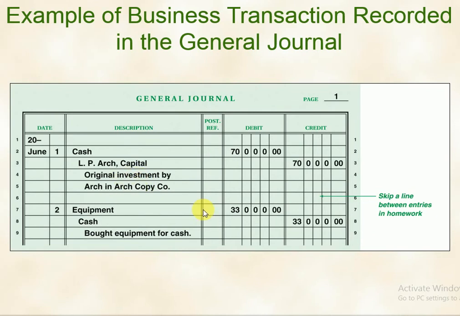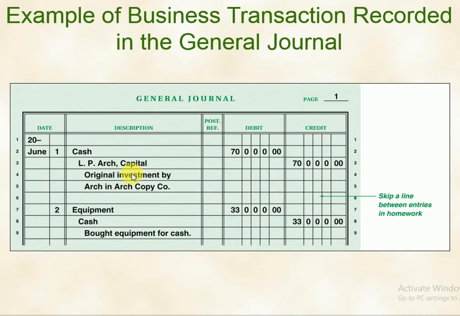Skip a line between the entries in your homework, right? This one line is to be skipped so that your transactions are understood separately, so that you can separately record the second transaction. For example, here in the first transaction cash is debited and the capital is credited.